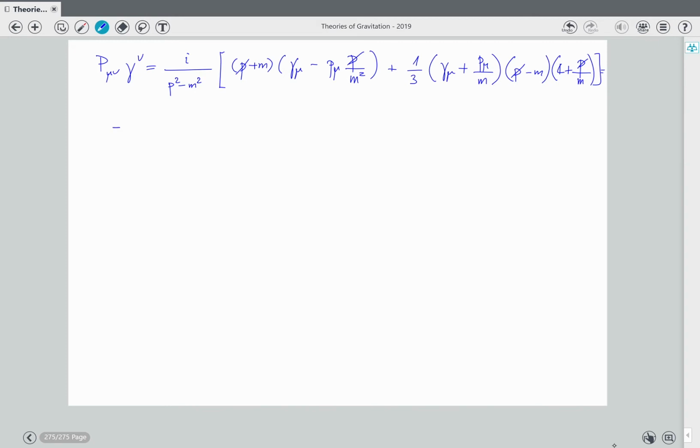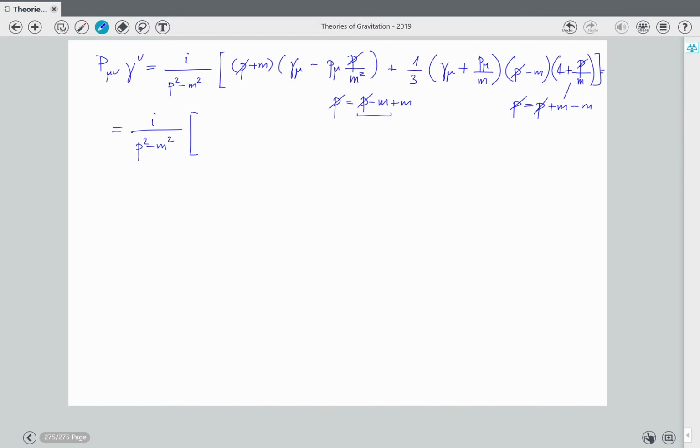Okay. i divided by p squared minus m squared. And one thing here: p slash can be written as p slash minus m plus m, and here p slash can be written as p slash plus m minus m.